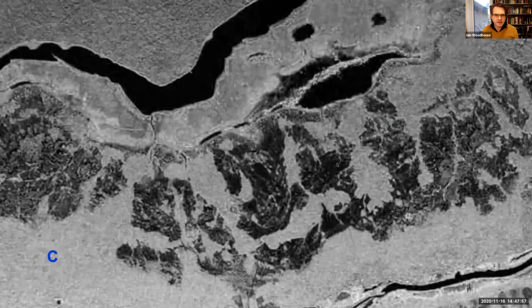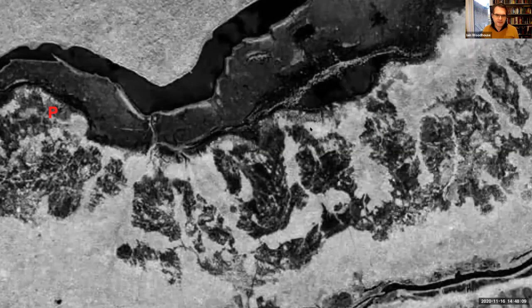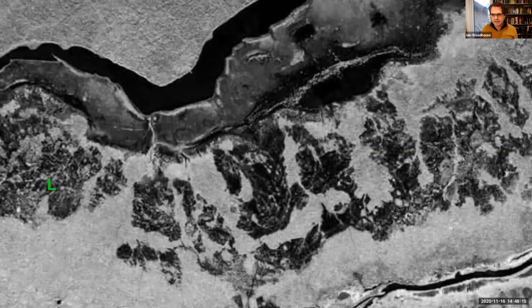So as you zoom into this area, that's the C-band. The short vegetation around the lagoon gives you quite a bright signal compared to the L-band, and in fact the P-band is even darker. L-band is available from space.